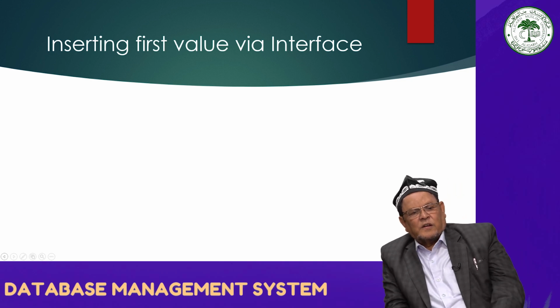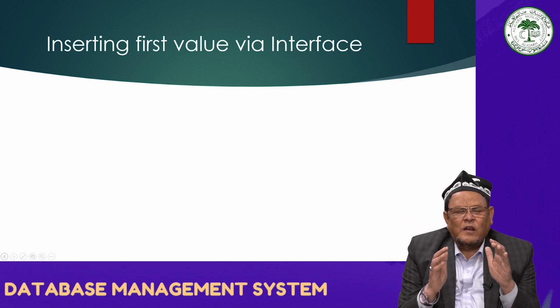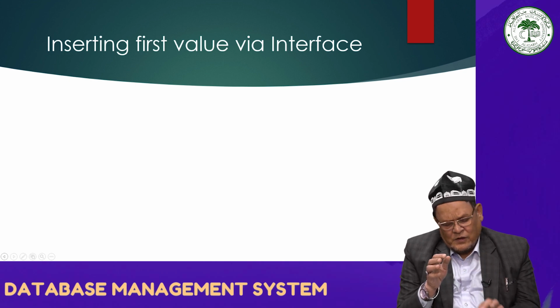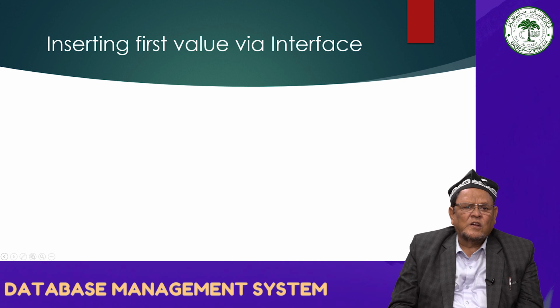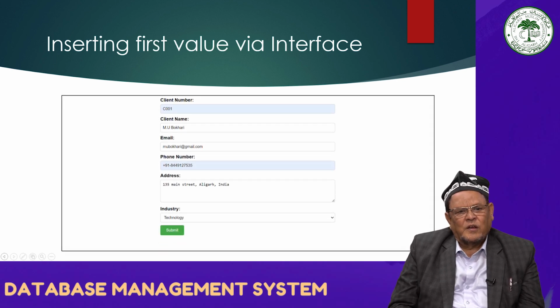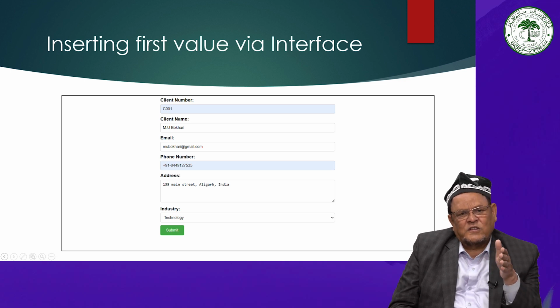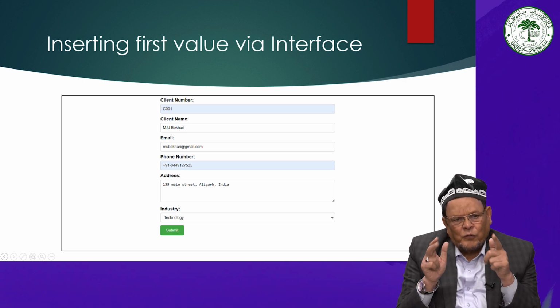So till now I have discussed how you will write the program for the interface. In the next slide you can see how you will insert the first value via interface. Here you can see on the screen how the form is designed.